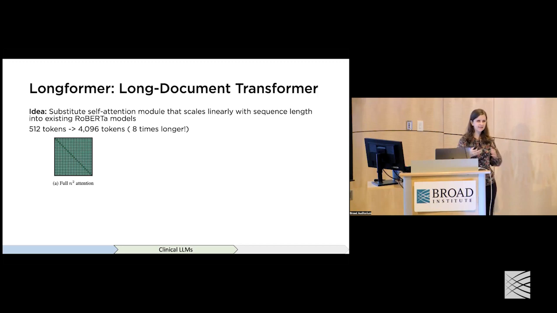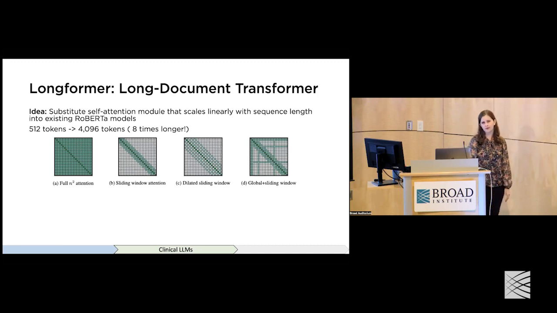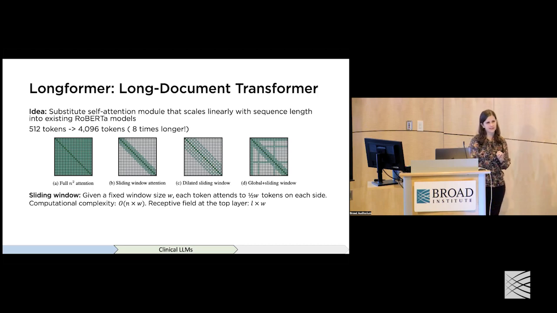Instead of performing full self-attention, as shown in this diagram here, the Longformer model uses three different kinds of sparse attention: sliding window attention, dilated sliding window attention, and global attention. Just to go through these one by one, what do we mean by sliding window attention?